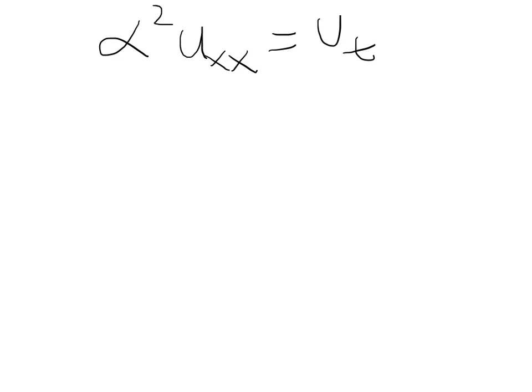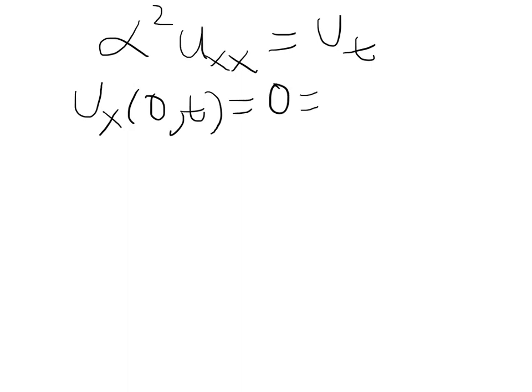We're looking on the boundaries of 0 and L, so our boundary conditions will be ux of 0 comma t equals 0, which also equals u of L comma t. And finally, here's where our initial condition comes into play.